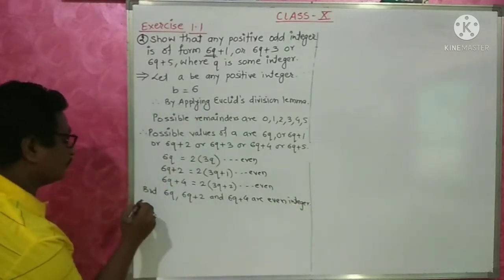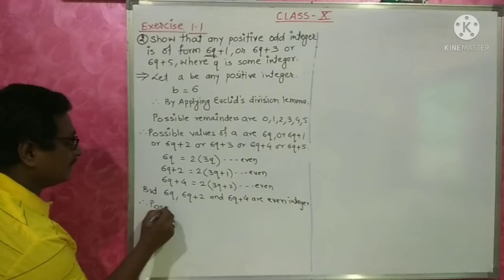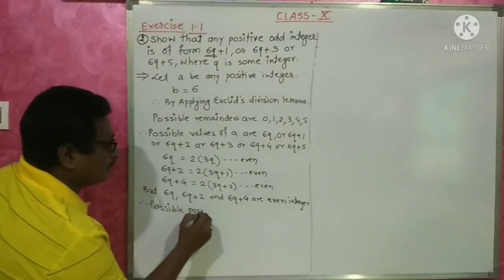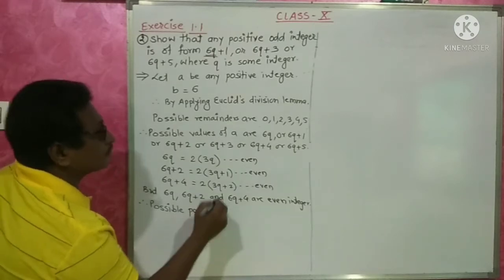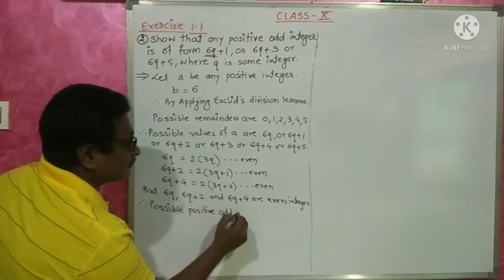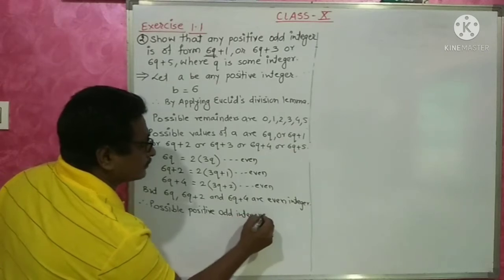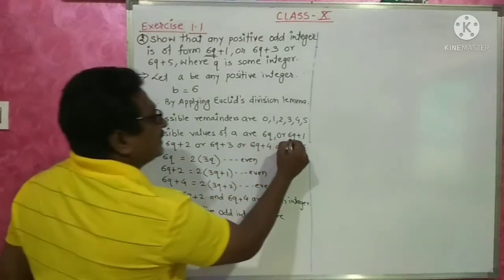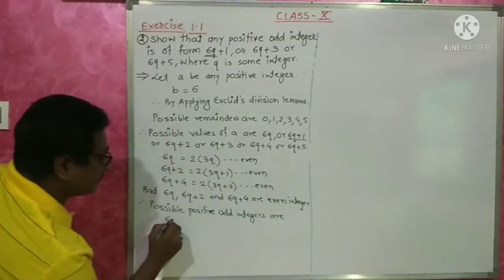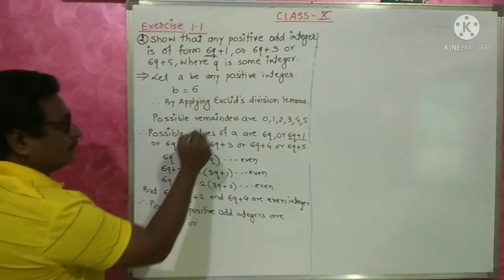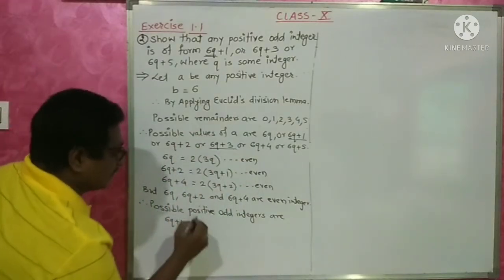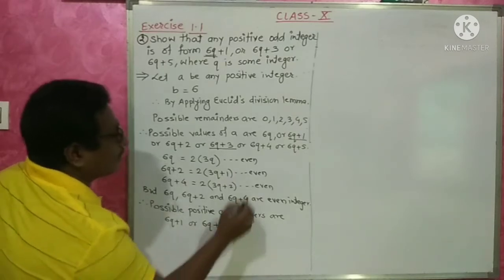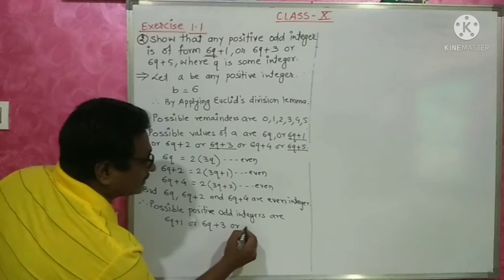So therefore the possible positive odd integers are what is remaining. Which are the remaining? 6q plus 1 or 6q plus 3 or 6q plus 5.